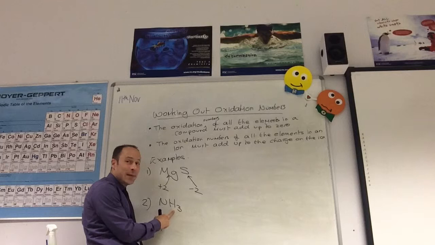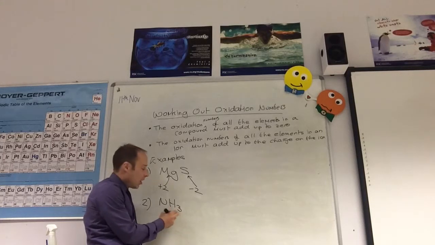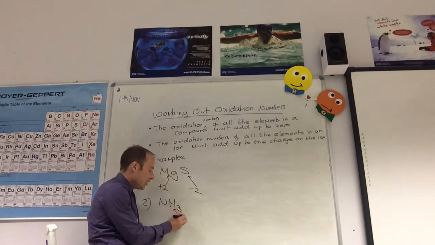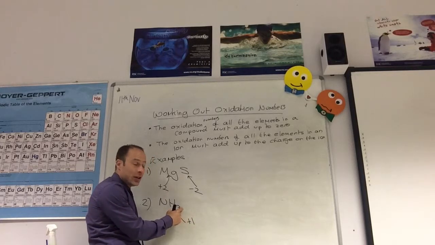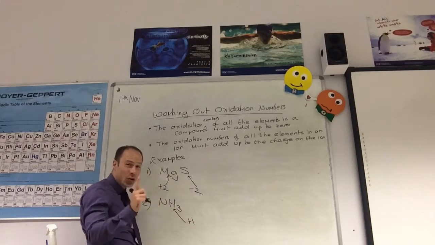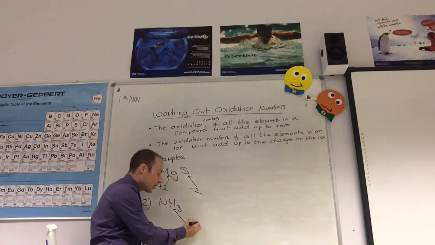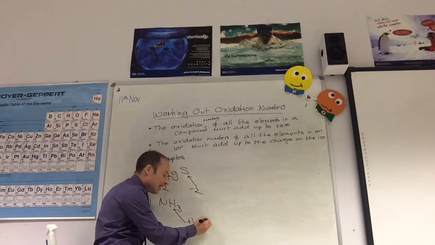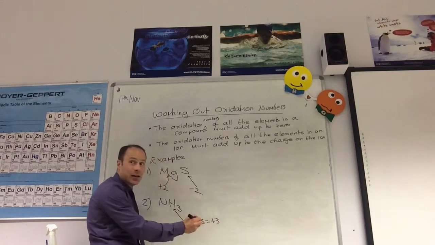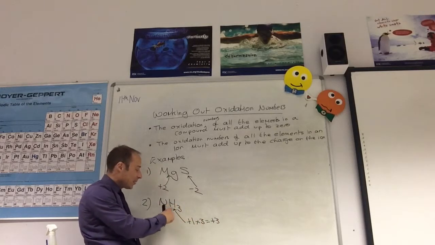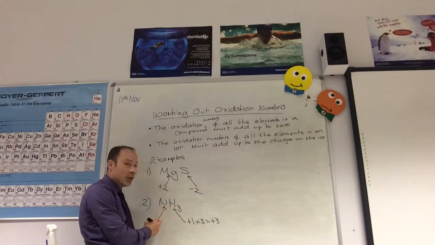Nothing. Have I told you anything about hydrogen? Yeah. Hydrogen is usually +1, but I've got 3 of them. So the key thing, you say the oxidation number of one of them, but I've got 3. +1 times 3 gives me a total of +3.